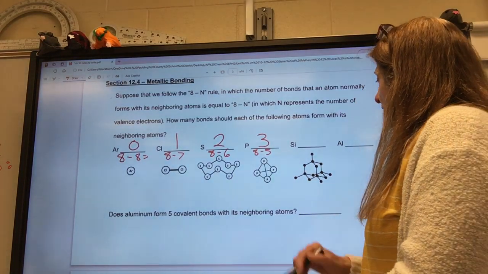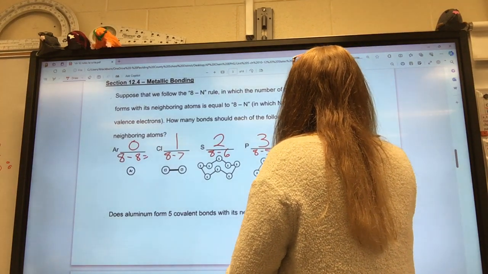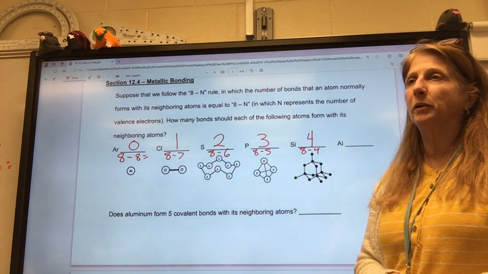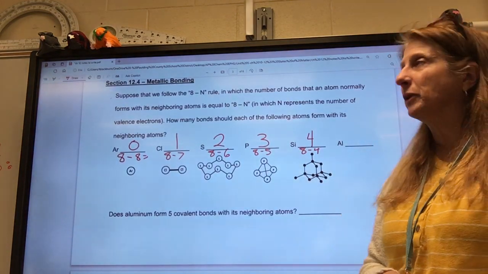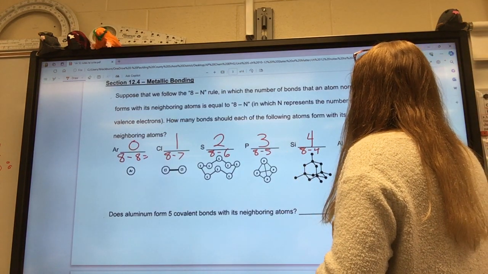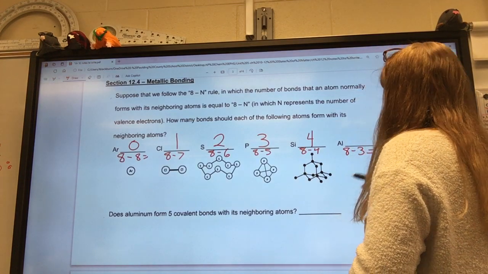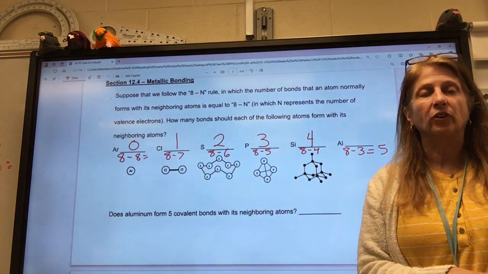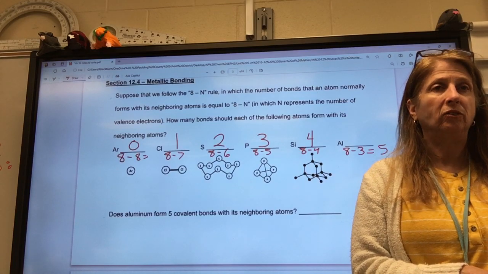Right? So let's try silicon. 8 minus 4 is 4. So silicon, carbon, that whole family makes 4 bonds. Well, let's look at aluminum. So aluminum would be 8 minus 3 equals 5. In your chemistry life, have you noticed aluminum always making 5 bonds?